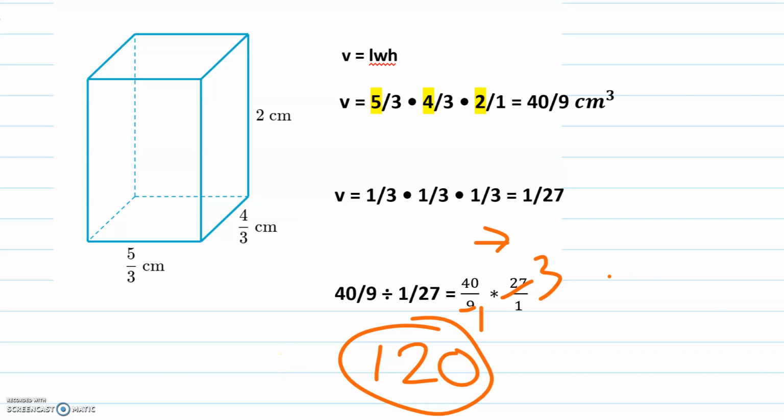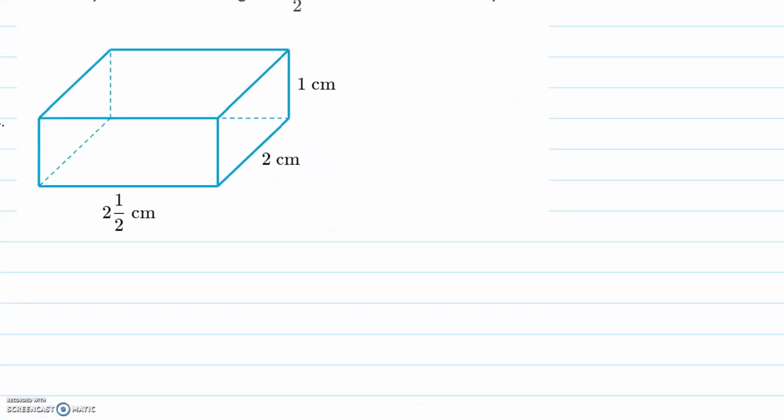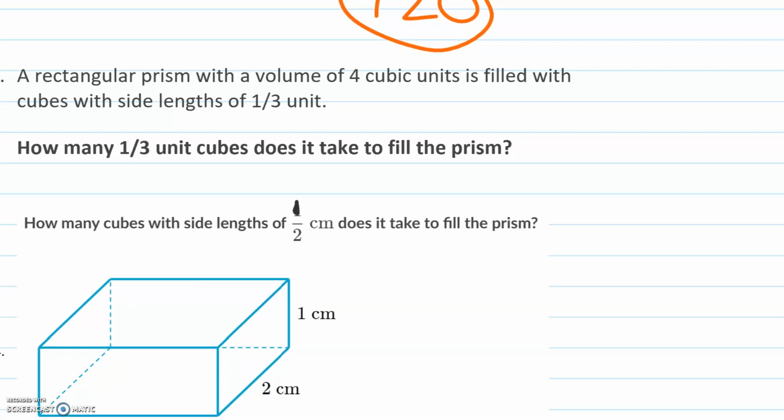All right, and for the last couple problems, okay, so this next one, for number 3, it's asking how many cubes with side lengths of 1/3 unit will fit into a rectangular prism with a volume of 4 cubic units.